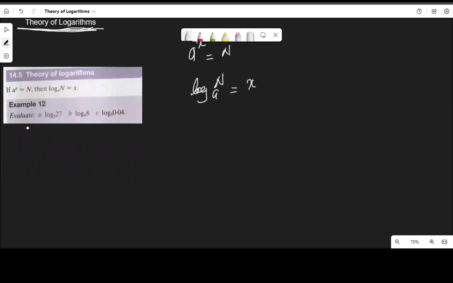The first question here says evaluate log 27 to base 3. Remember, this is a revision class, so I'm solving questions right away. Anywhere there is a need for me to explain a law, I will explain it. This is not a full tutorial on logarithm. There's a link in the description of this video for that.